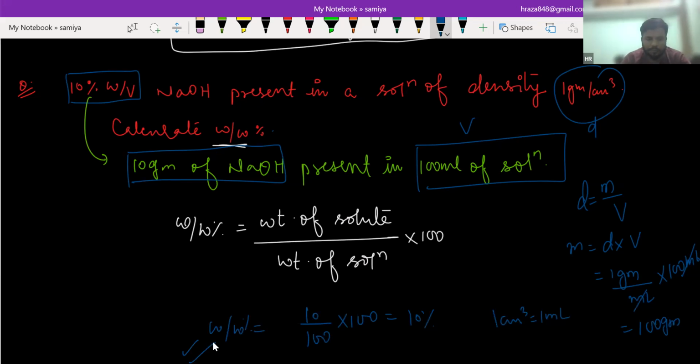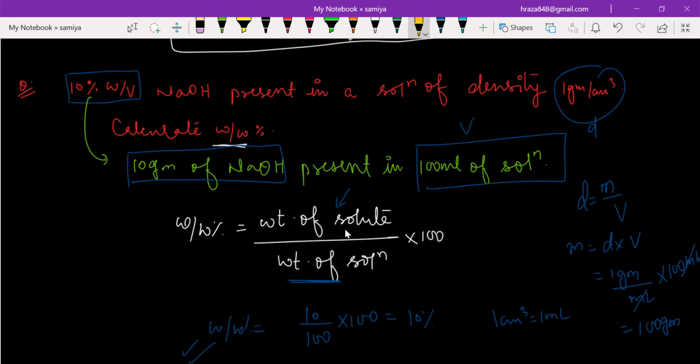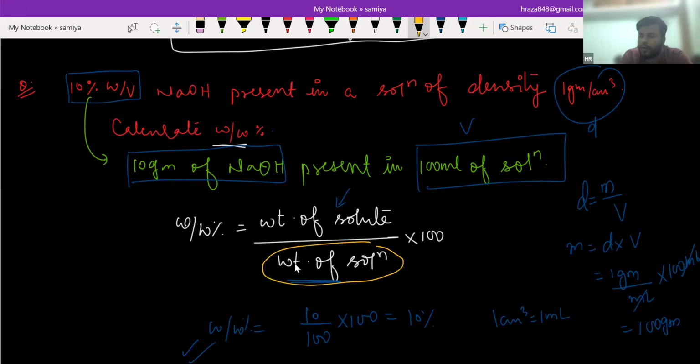Okay. So, sir, in this we don't have to minus 10 gram from 100 ml of... No. This is basically, see, what we need to calculate is weight of solution, right? Weight of solute is given. Yes. And weight of solution we need to calculate. For weight of solution, you saw that density of solution is given.